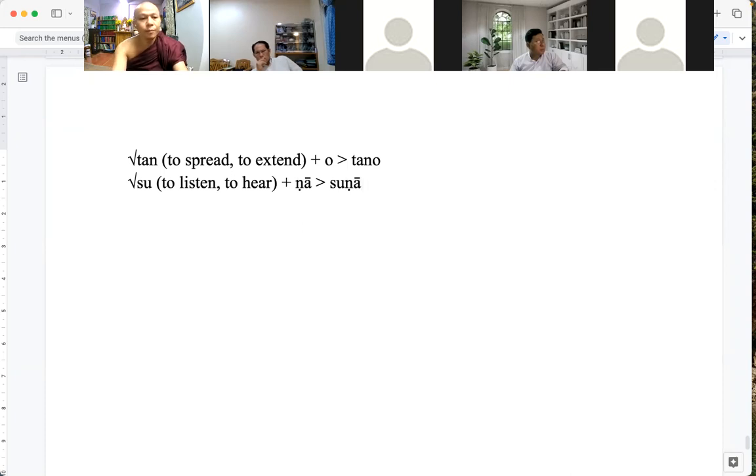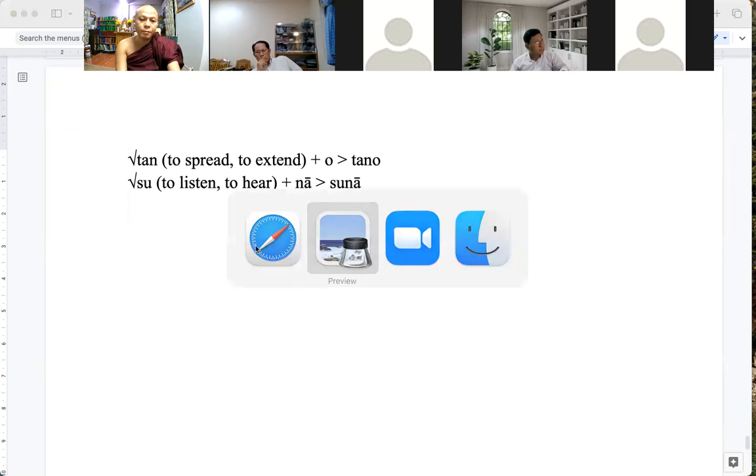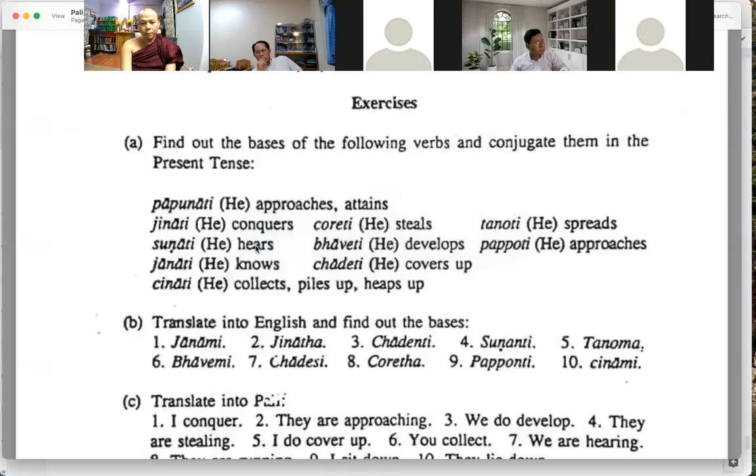So su na, to listen, to hear. And then next, bhaveti, to develop. Bhaveti, he develops.